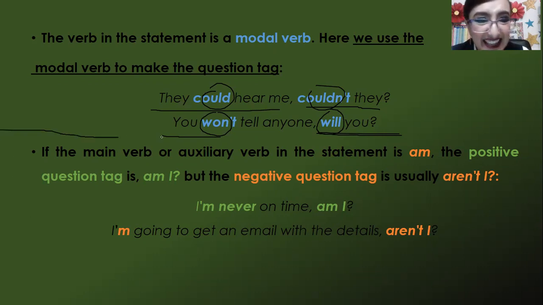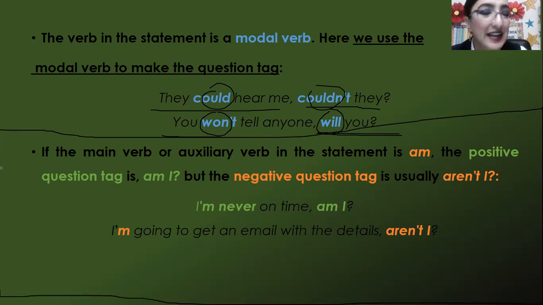Yes, this is one of the most important things that I needed to show you today. When we have the verb to be in affirmative, it is going to be am I? But in negative, we are going to say goodbye to am and we are going to use aren't I?